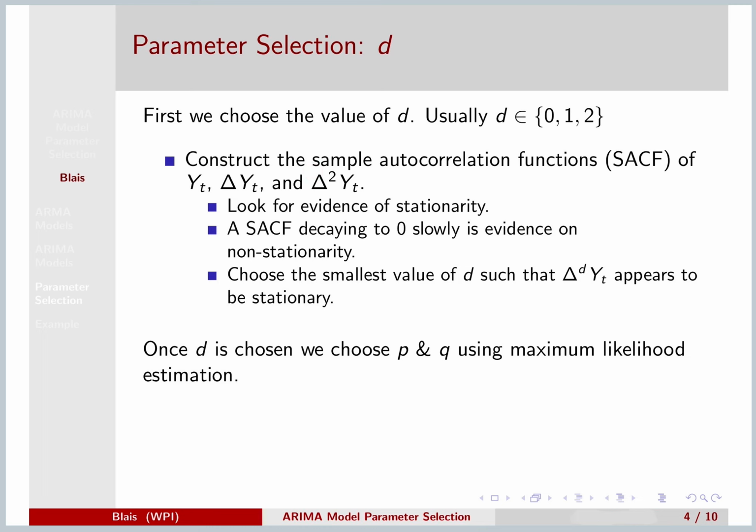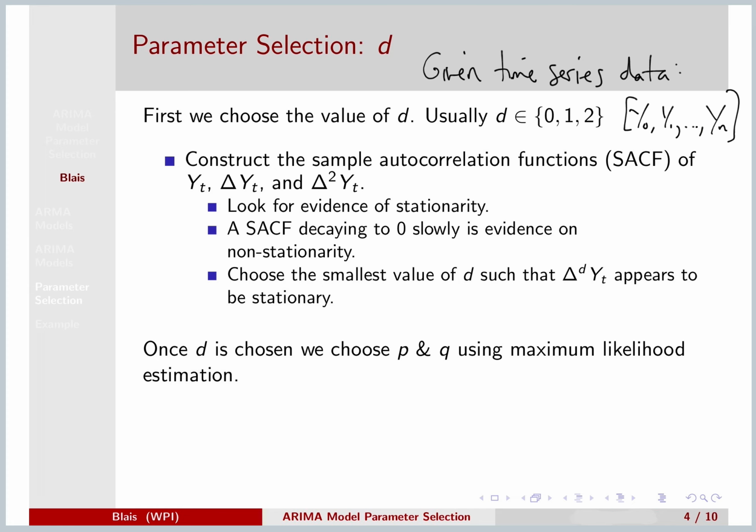So the idea here will be that we're given time series data. So we have y_0, y_1, up to y_n. So we have n terms in our data set of our time series for y.